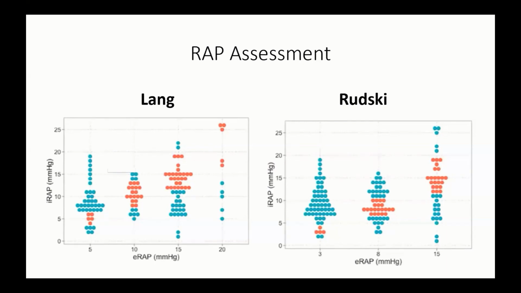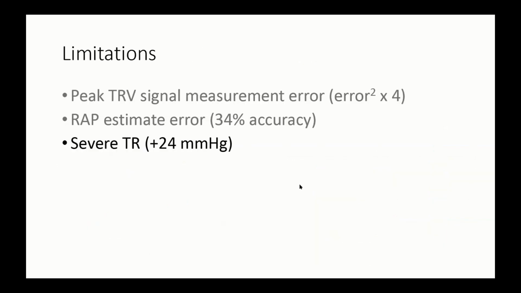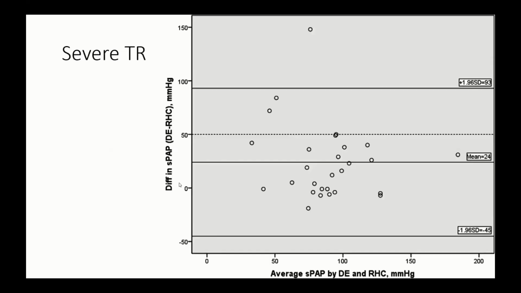Multiple other ways of assessing right atrial pressure using the IVC size, diameter, and also pulsatility were used, but none turned out to be better. A third limitation is that in severe TR, the echo on average overestimates the transvalvular pressure gradient by about 24 millimeters of mercury.